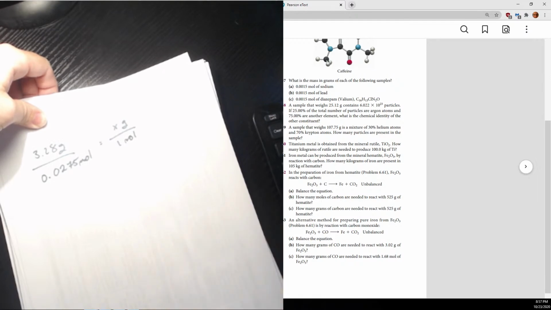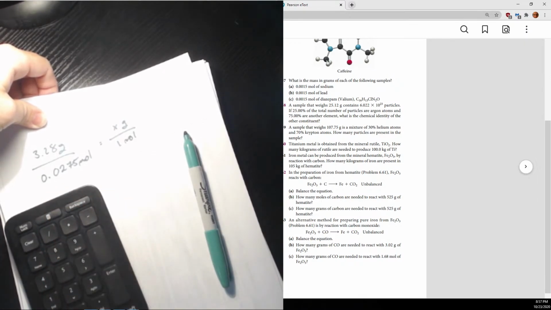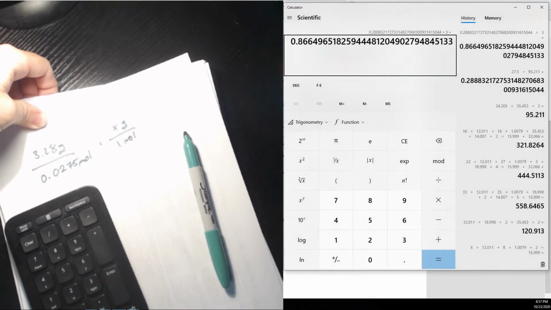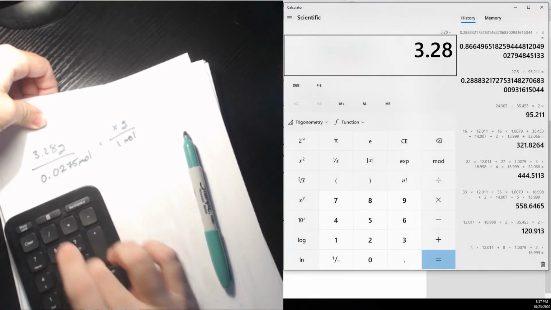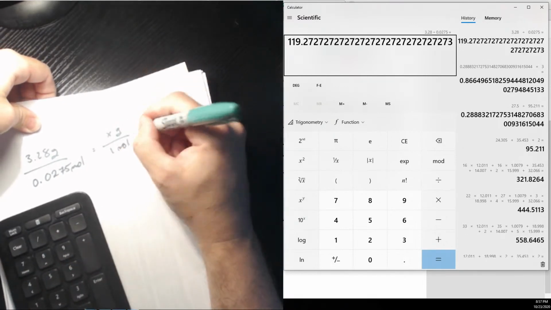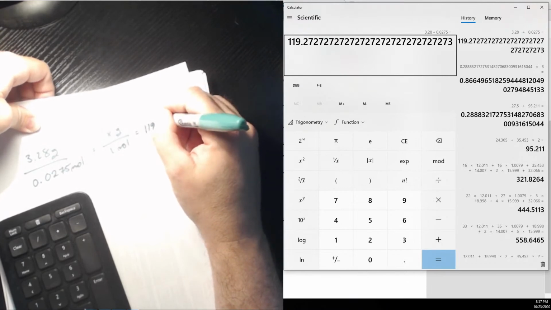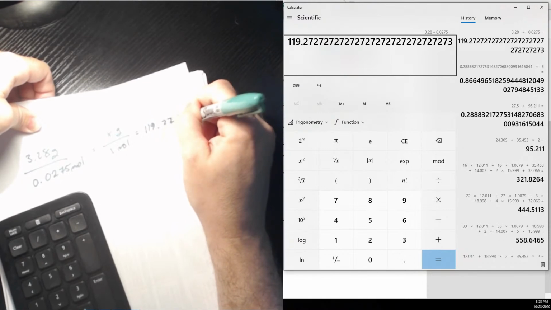Okay, so 3.28 divided by 0.0275 will get us our answer. Calculator. Equals 119.27 grams per mole.